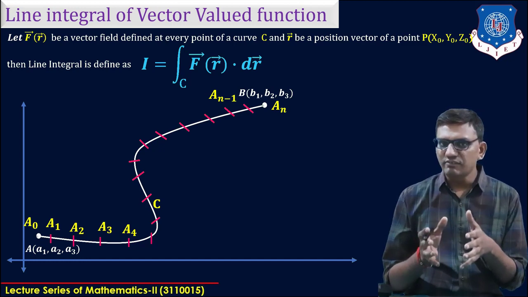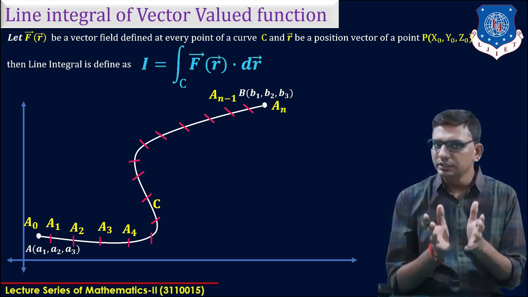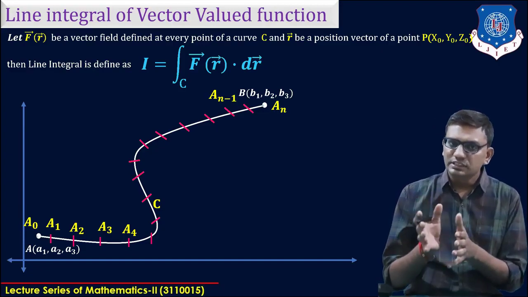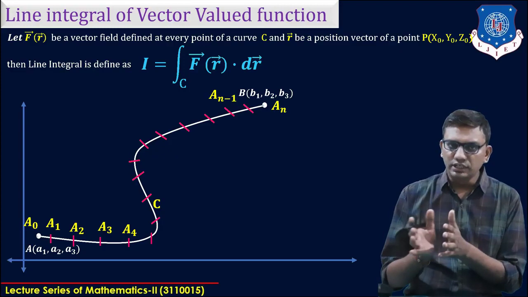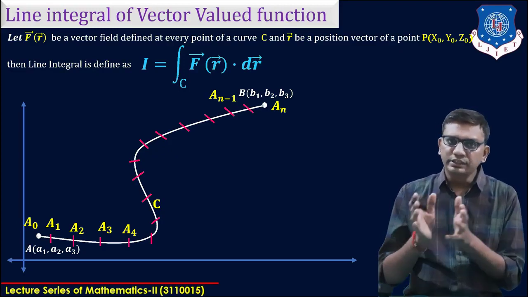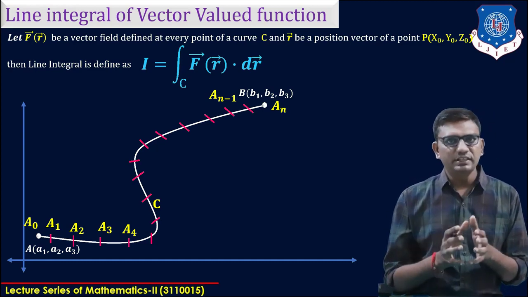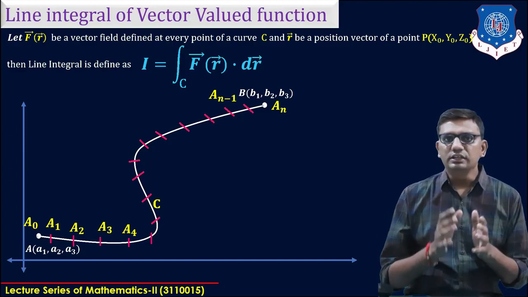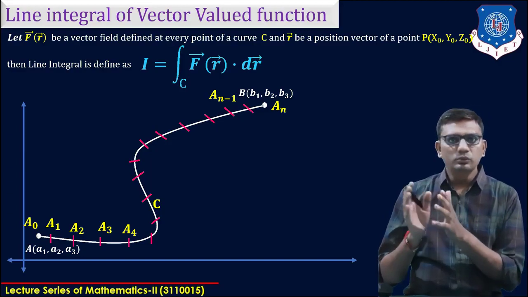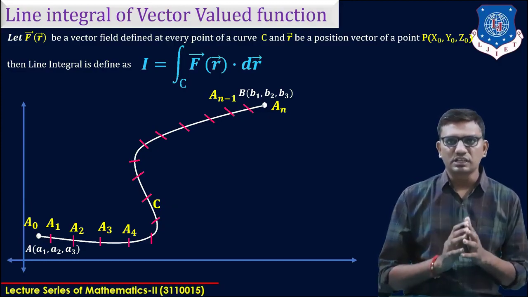These parts are very small, and each small part of the curve becomes a linear part, which we can easily integrate. Then we combine each and every linear part, and we get the integration over C from A to B. Here A is our initial point and B is the terminal point.